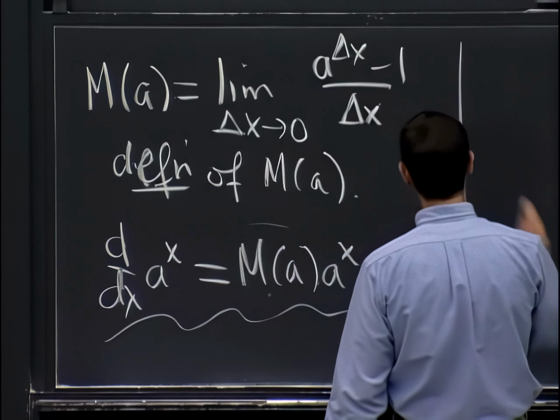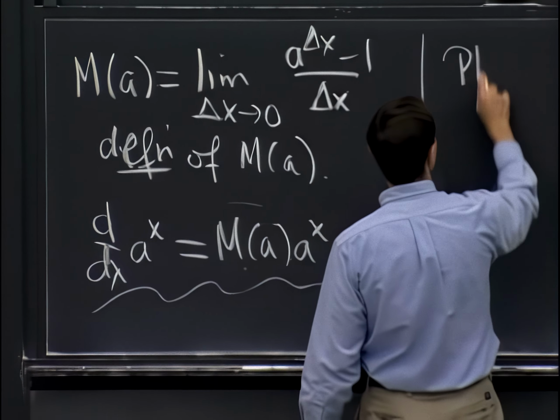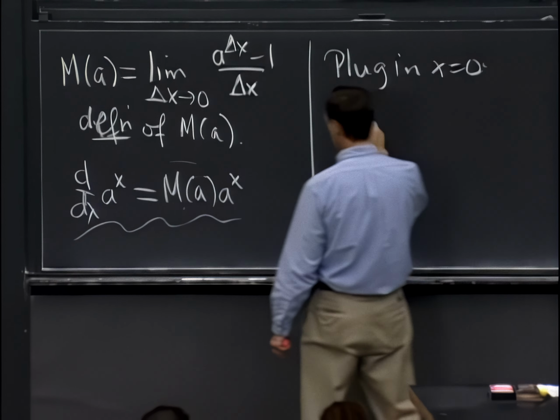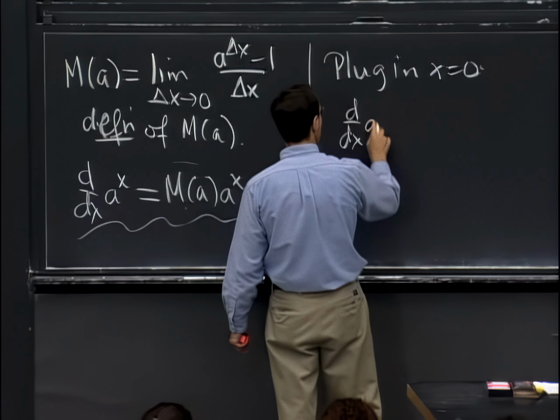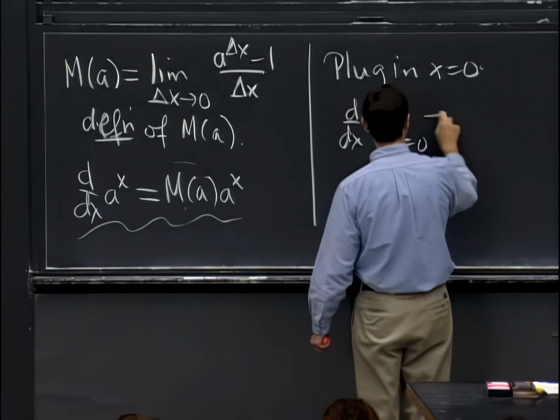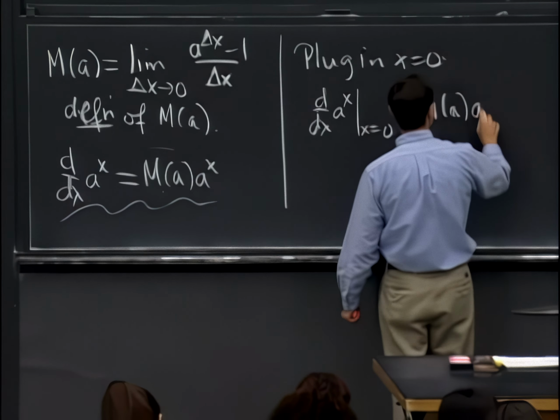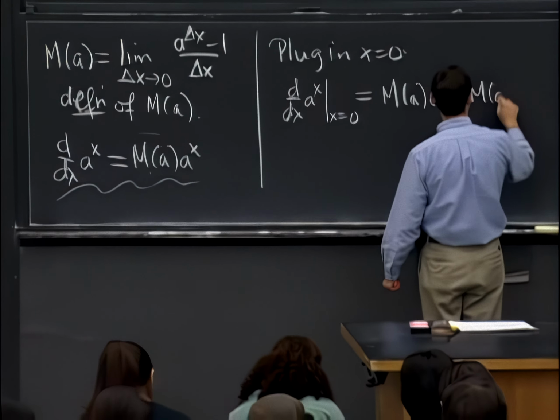So first of all, if I plug in x equals 0, that's going to be d by dx of a to the x at x equals 0. According to this formula, that's m of a times a to the 0, which is, of course, m of a.